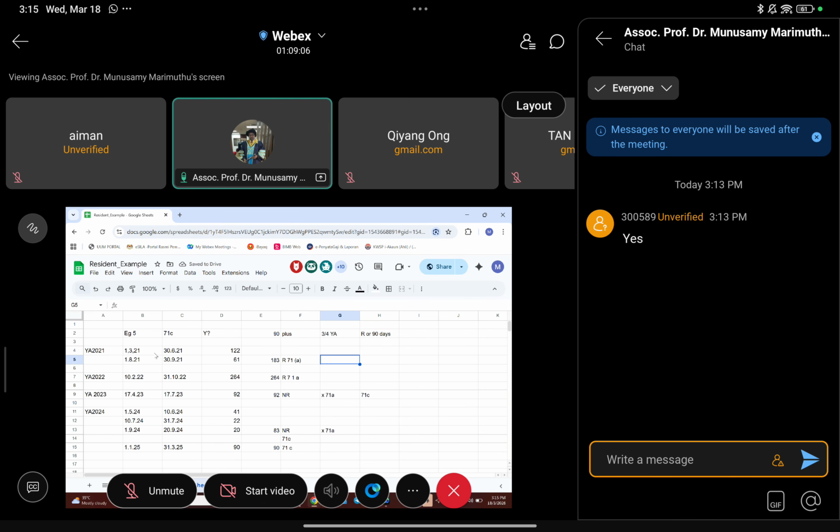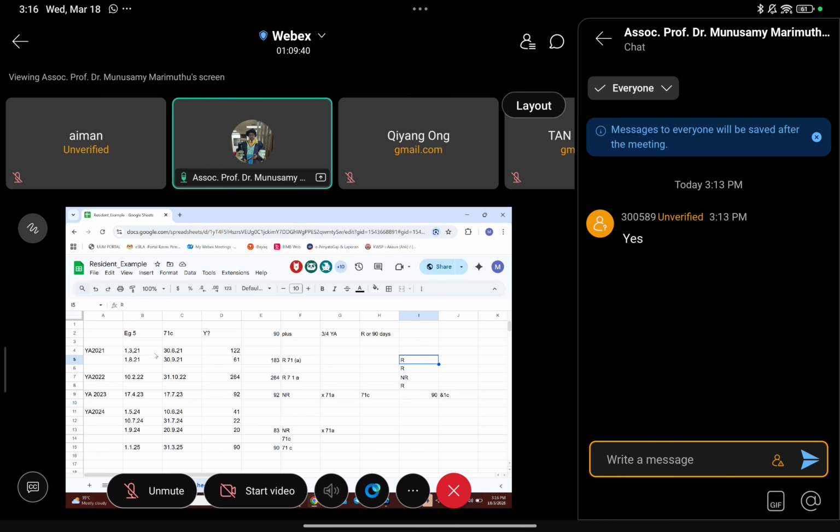In another way, I can put here resident, 92 days, non-resident, and the year we have 90 days. So that year will fulfill San 1C. How about 90 days, resident, not resident? Still, because we need either resident or 90 days.